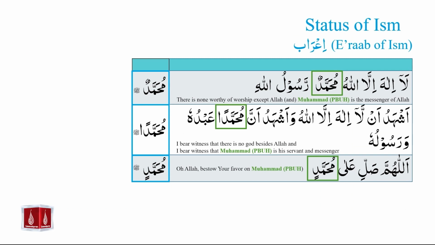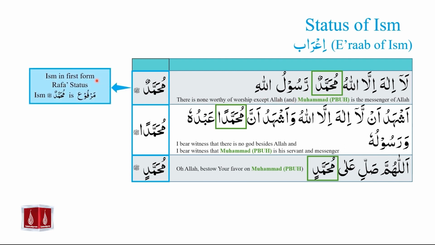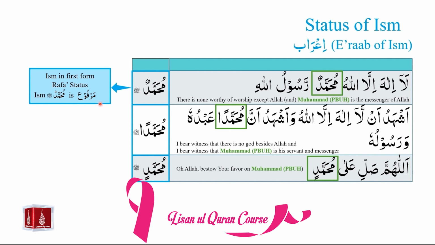Getting back to the examples that we studied previously, La ilaha illallahu Muhammadur Rasulullah. In this example, ism Muhammadun is in its first form or in Rafa status. Ism Muhammadun is marfu.